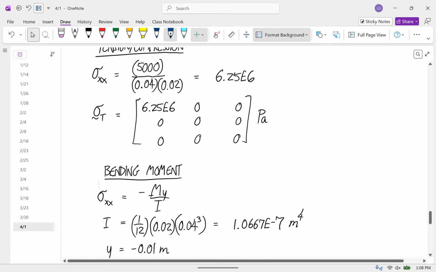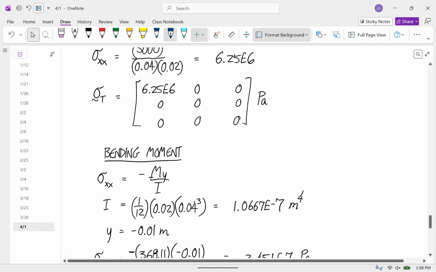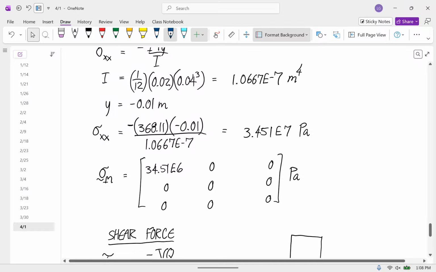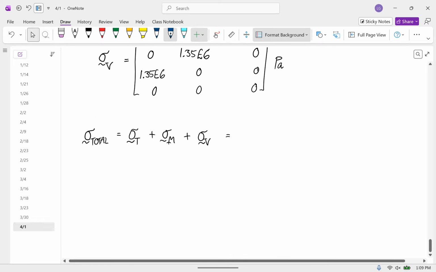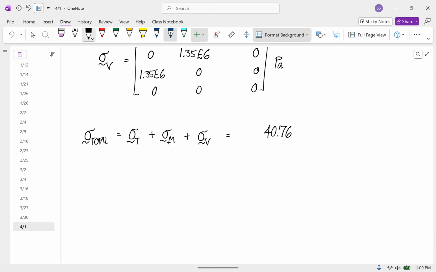And that is 40.76, 1.35, 0, 1.35, 0, 0, 0, 0, 0.